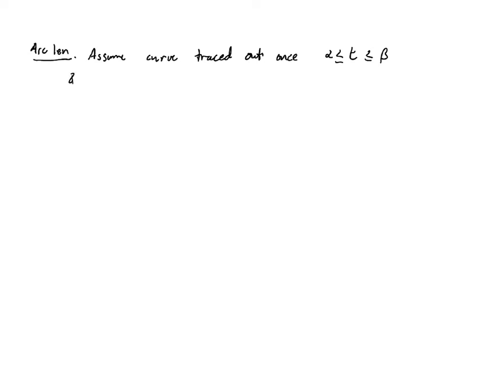And I need to assume that the curve that I'm using, so x equals f of t, y equals g of t, have continuous derivatives. This is to just make sure that our arc length formula actually does what it says that it does.